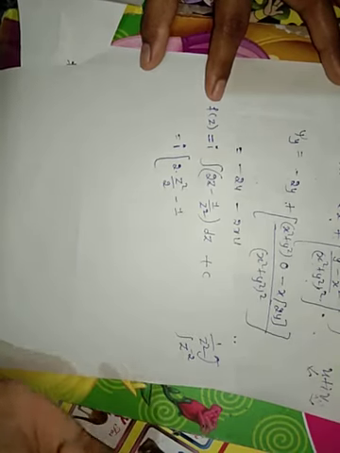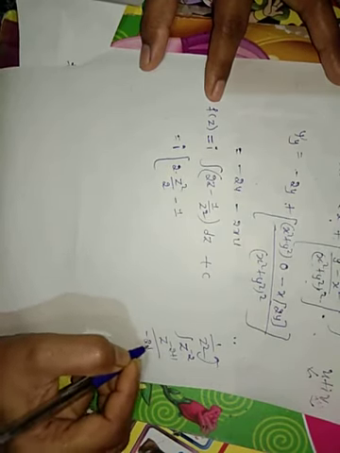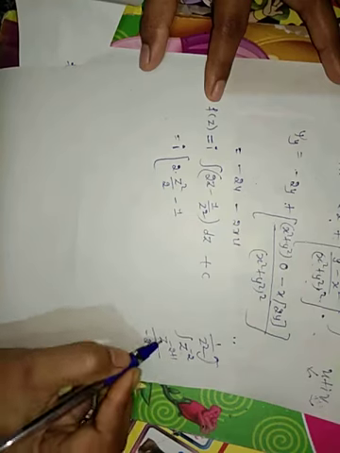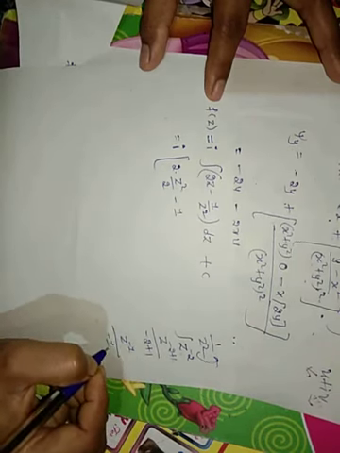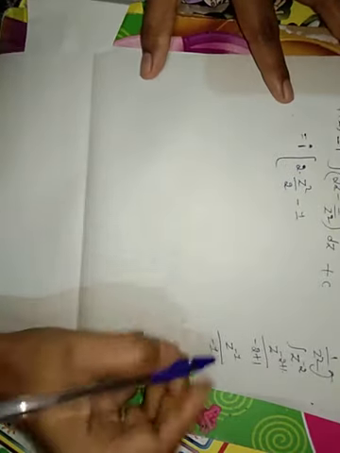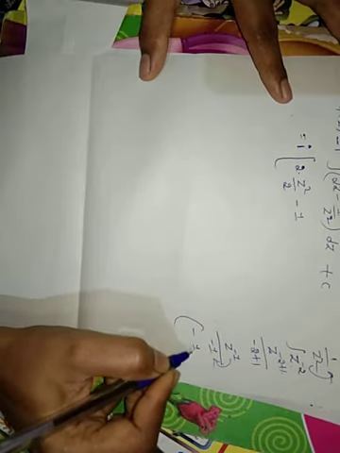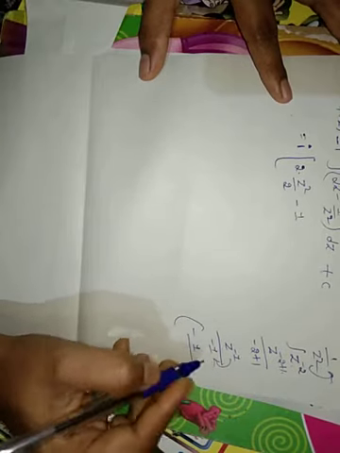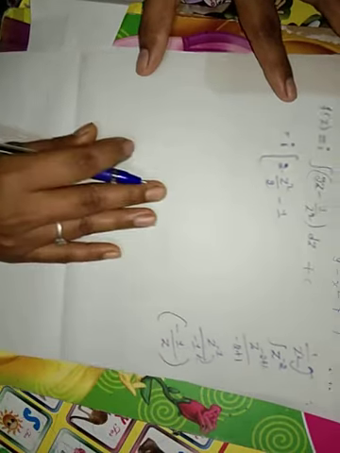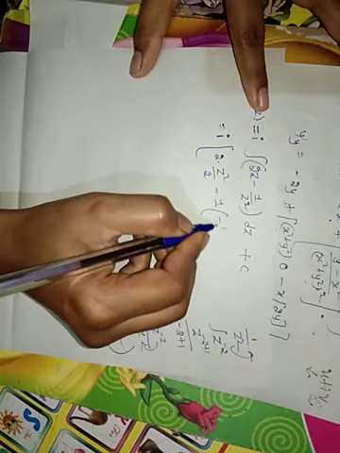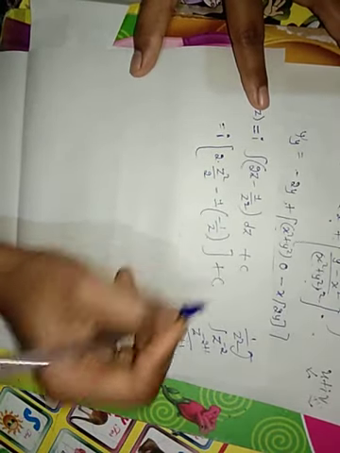Integration of z^(−2) is z^(−2+1) divided by (−2+1), that is z^(−1) divided by −1. Taking this to the denominator, that becomes minus 1 by z, plus constant c.